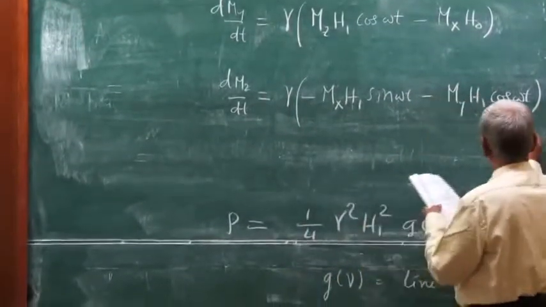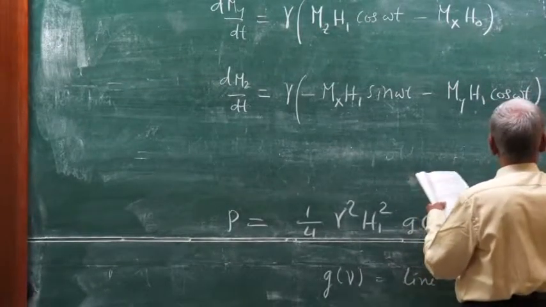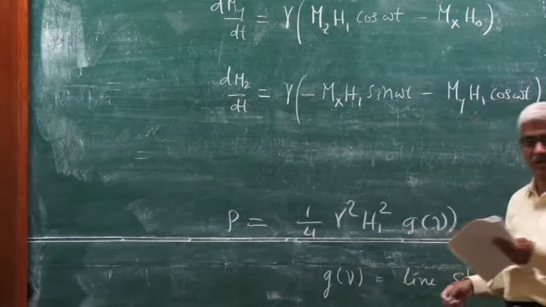Okay, so all these equations are numbered one after the other. This one is now 1.86. Did I miss something?